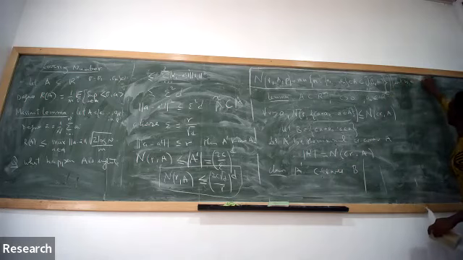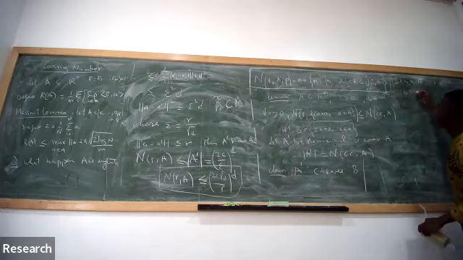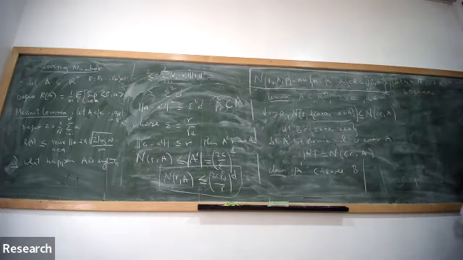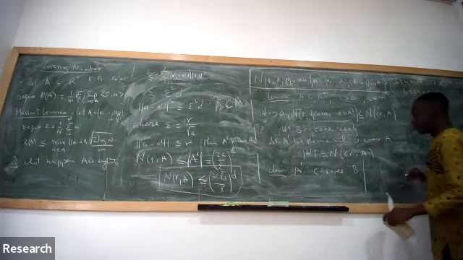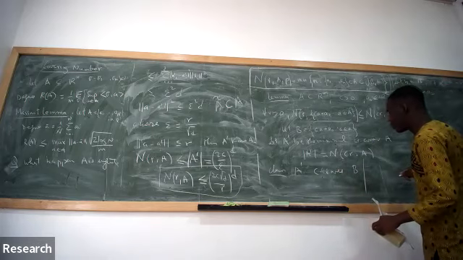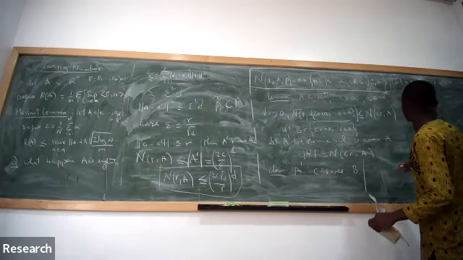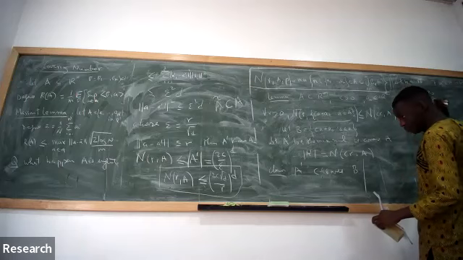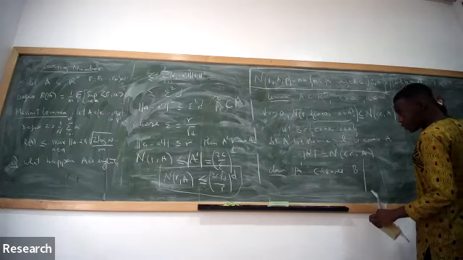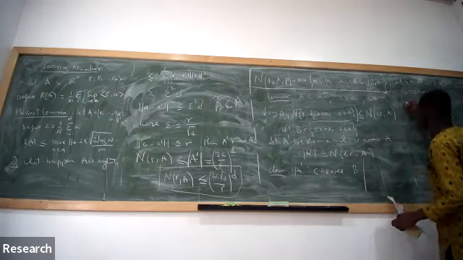Let b be an element of capital B. That simply means that there exists a in A such that b can be expressed as CA plus A0.